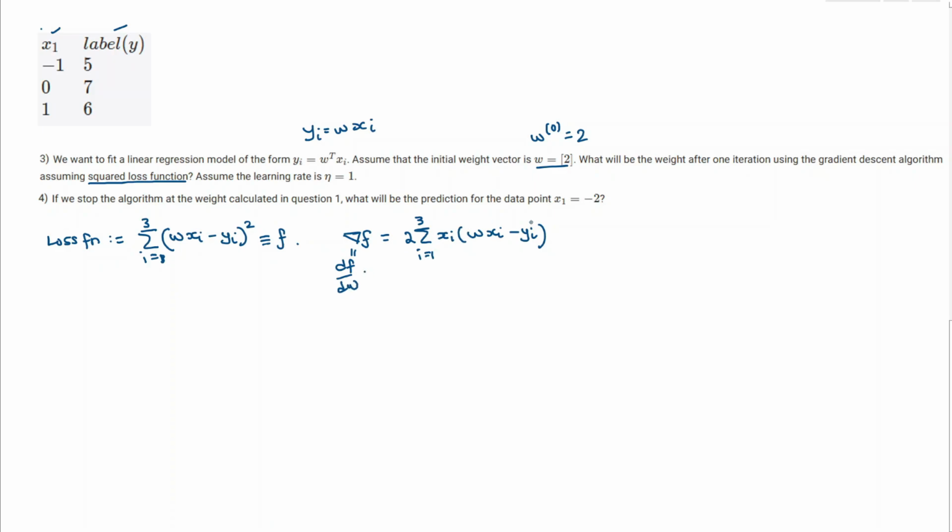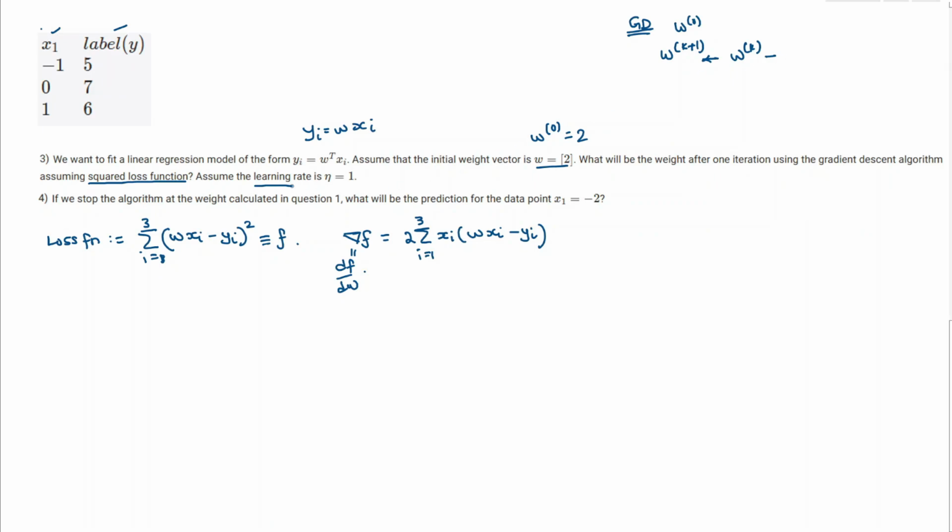Now what does the gradient descent algorithm say? You start with some w0, then given wk you update to wk plus 1, the k plus 1th iteration, which is given by wk minus a learning rate, which is also given.